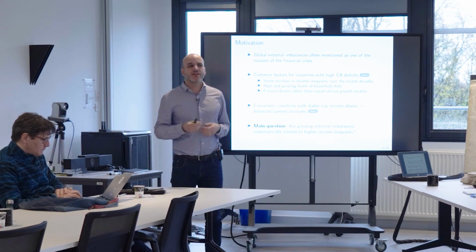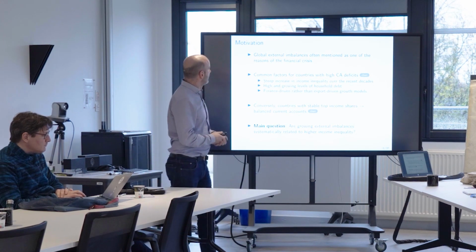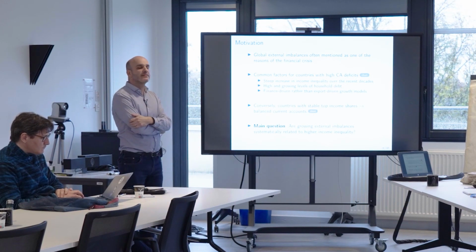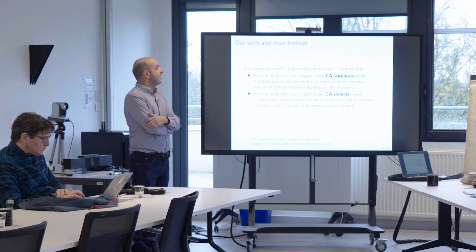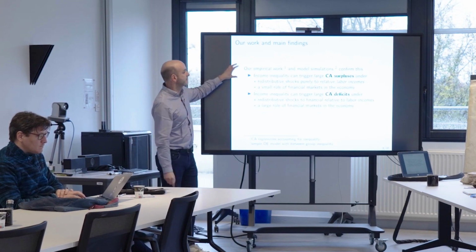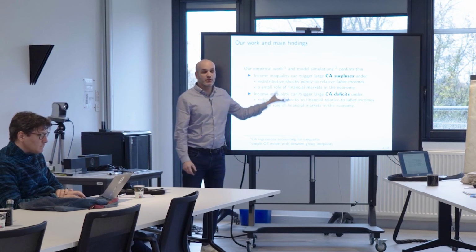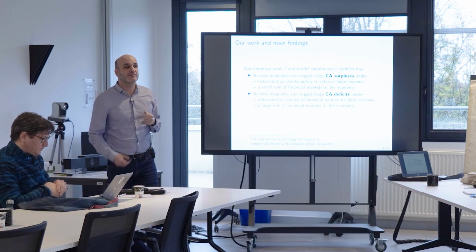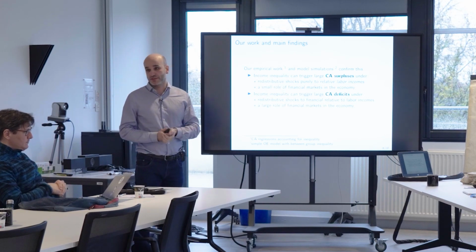I will explain why it's not that clear. Can we relate income inequality to current account surplus? And what I will argue, based on our empirical work and also based on the model, is that it depends what is the driver for income inequality.